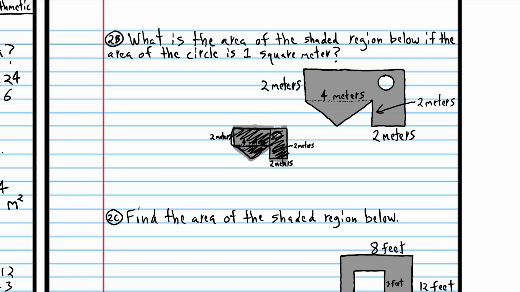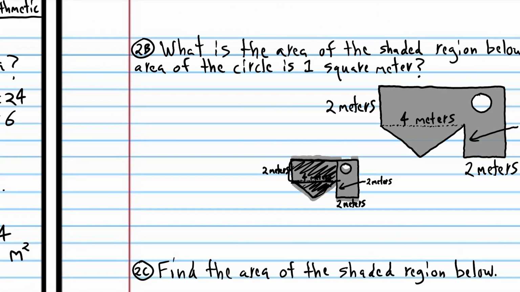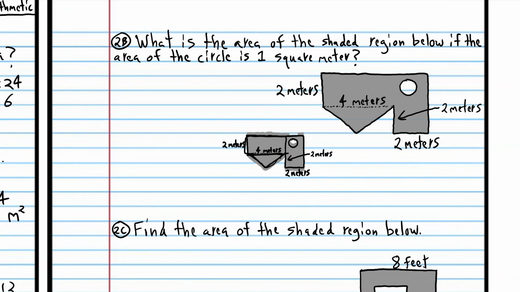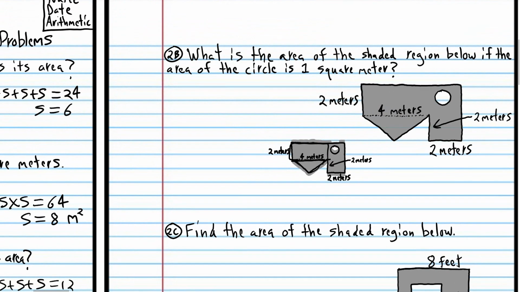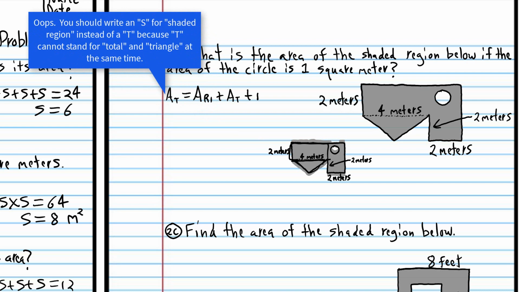Then we're going to subtract the area of the circle, because we don't want that area. That area is not supposed to be filled in. It looks like it's filled in this drawing, but that's because I shrunk it. So the total area equals the area of rectangle 1 plus the area of the triangle plus the area of rectangle 2 minus the area of the circle.